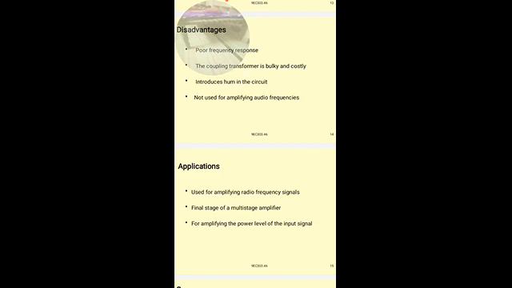It is used as a final stage because of its high gain and impedance matching property.